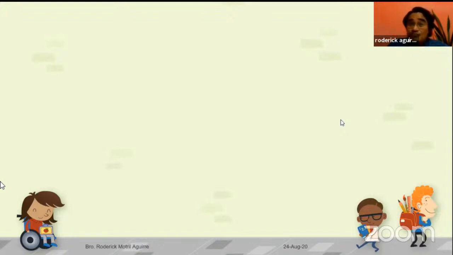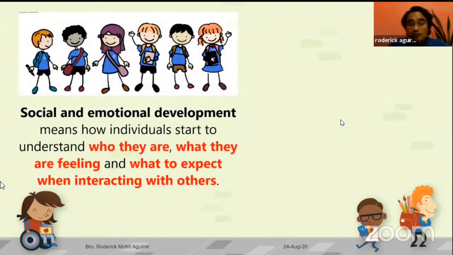And if teachers and parents are still struggling and adjusting to the new demands of distance education, students are also adjusting to the new normal and to the new demands and conditions of learning. So social and emotional development means how individuals start to understand who they are, what they are feeling, and what to expect when interacting with others.